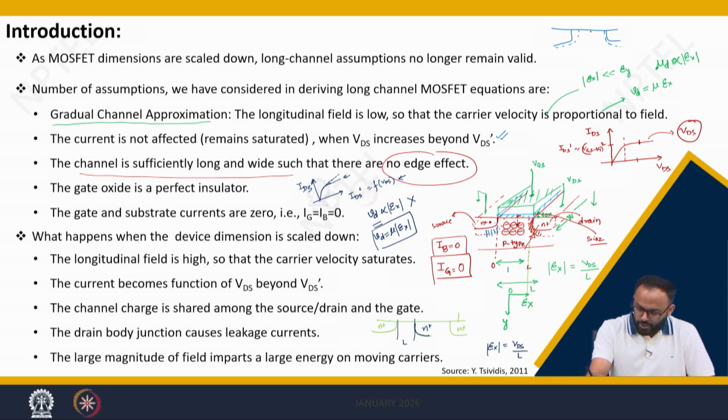But now if you reduce the channel dimension, let me make it like this, then what will happen? The expansion of this depletion region is not insignificant. It means you need to consider this depletion region charge, and the charge which is provided by the side depletion region or edges is now contributing with the gate charge. So, the edge effect cannot be neglected.